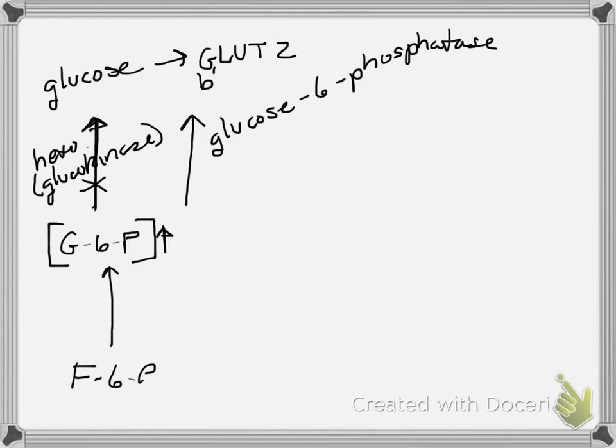This will put glucose in the blood, which is at a lower concentration because we are in a fasting state, and so we have a gradient that will drive glucose transport into the blood.